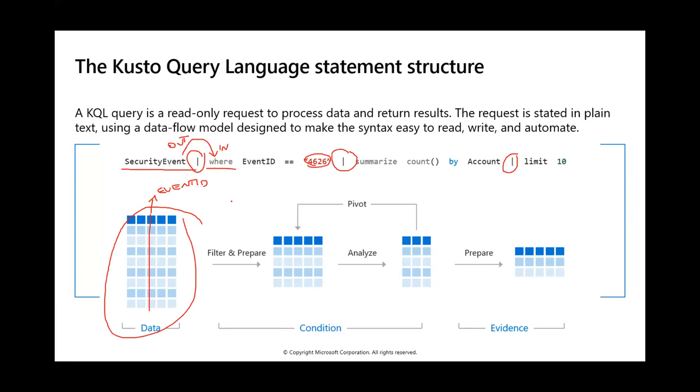A 4626 event ID is usually a logon event, so the query should be associated with a sign-in event from a user or a principal. So let's say that from the entire column, it finds a match in record number 2, and let's say 3, 4, 5, 6, up to record number 6. Here, there are 2 records that match the event ID exactly equal to 4626.